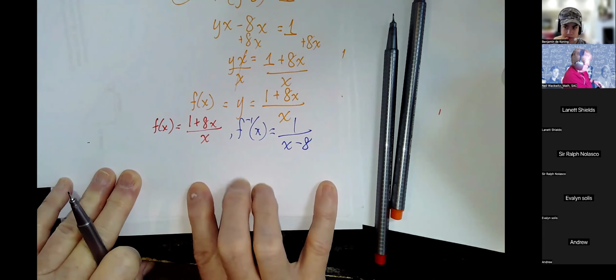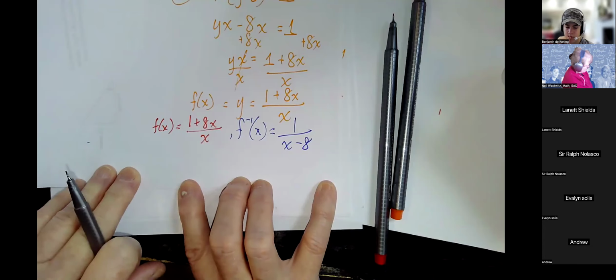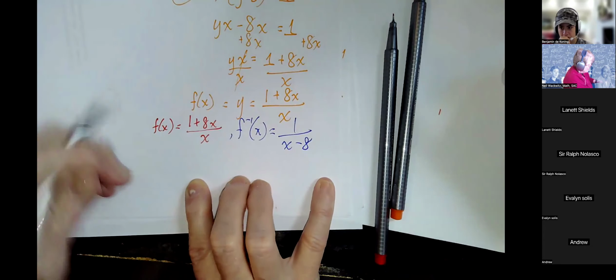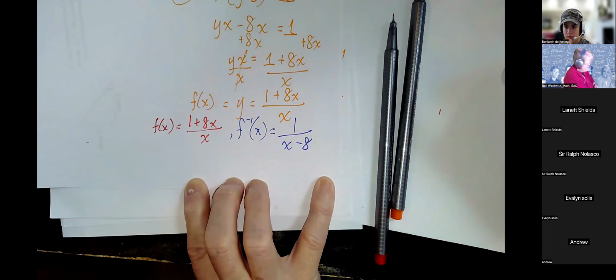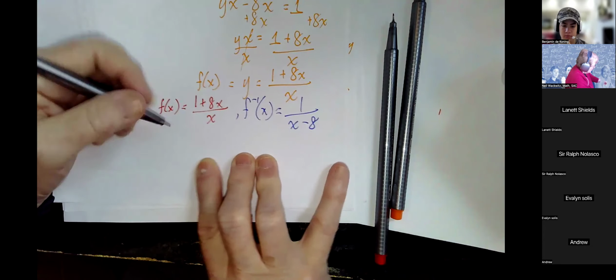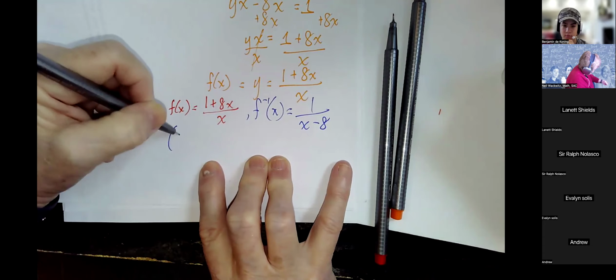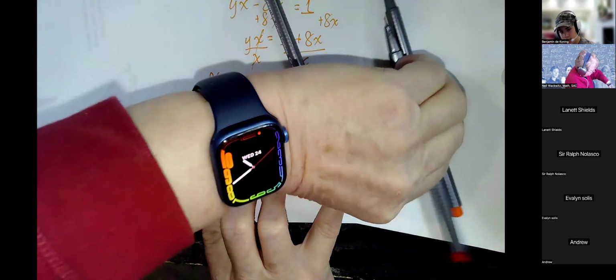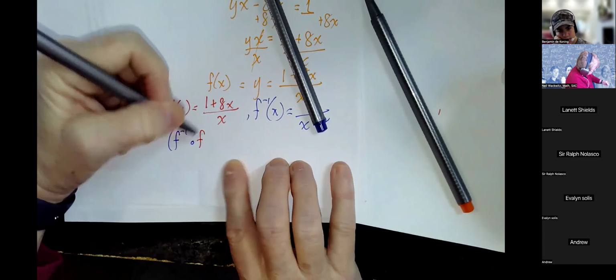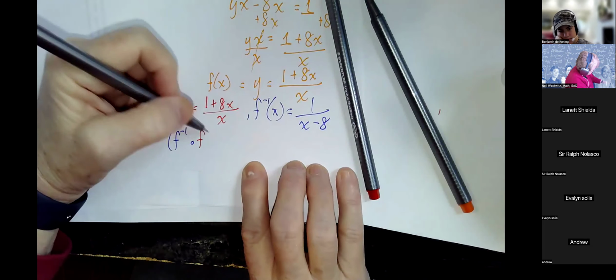And let's compose one direction. Do y'all have a choice, or do you want me to choose which way? Okay, I'll choose. So let's do f inverse composed with f of x.